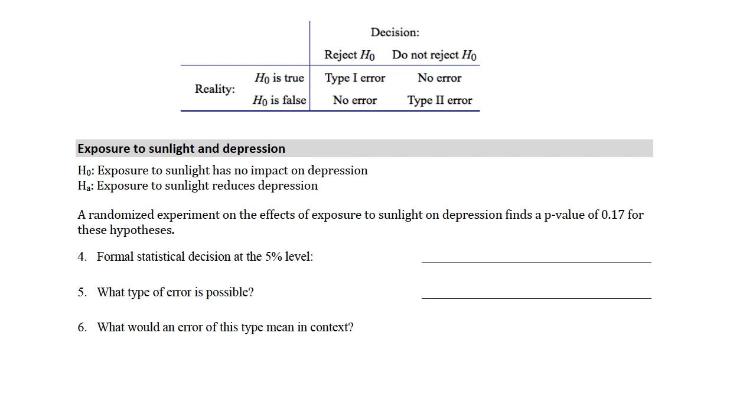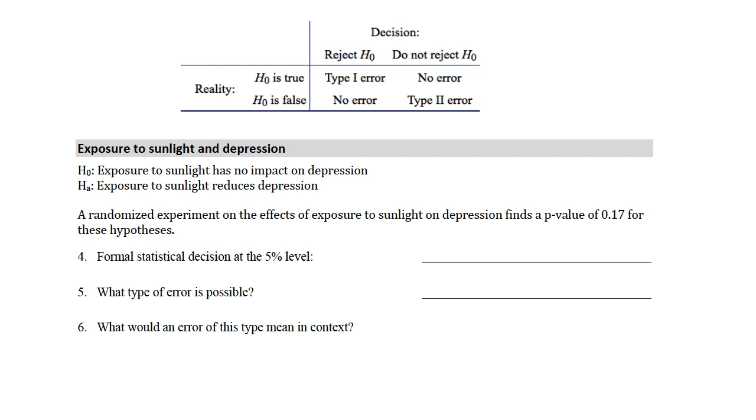Now let's consider another example with a larger p-value. Suppose we're interested in a randomized experiment on the effects of exposure to sunlight on depression. So perhaps in this experiment people were exposed to artificial sunlight, or perhaps they were told how much time to go outside during the day. We can imagine how this experiment might have been run, but we don't have to get into the details of those right now.